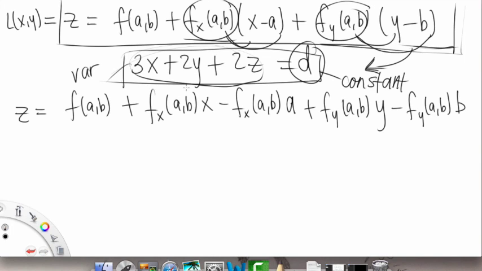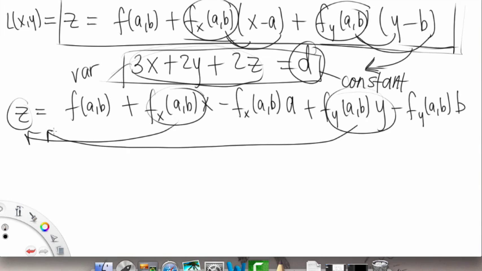Okay, so see here how we have a separate z term, a separate x term and a separate y term. So what I'm going to do is move the x and the y terms over to the left side, so we can get all the variables on the left, and we will just leave the constants on the right side.